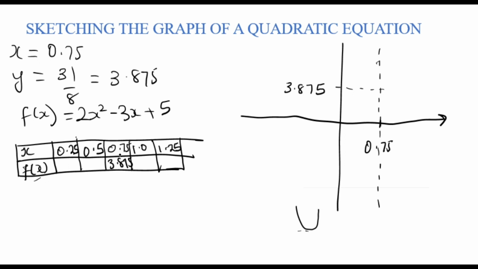That is the reason why when we put this 0.75 into this equation, we had this answer, the same 3.875 over here.